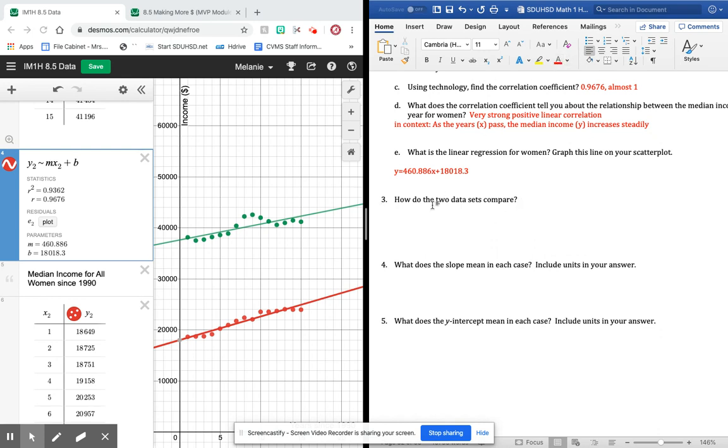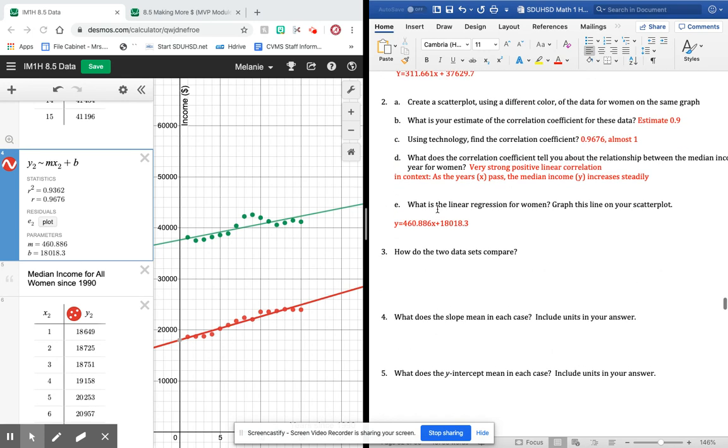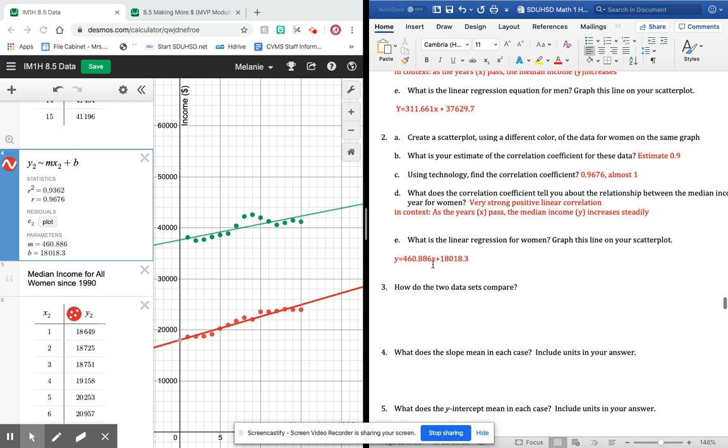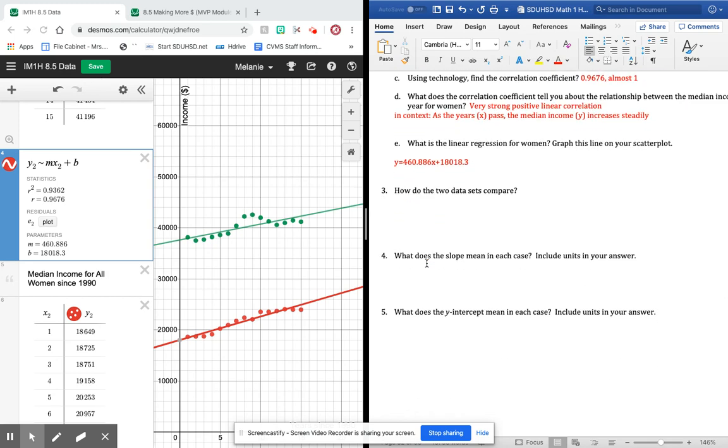And how do the two data sets compare? Now it's especially helpful because we have them both on the same graph, right? So how do they compare? Well, it looks like you have different slopes. So you have one growing faster than the other. You can see that the women's line of best fit is steeper, and you can see that in their equations also. Slope is different. But it actually asks how do the data sets compare? Well, the men's starts higher, right?